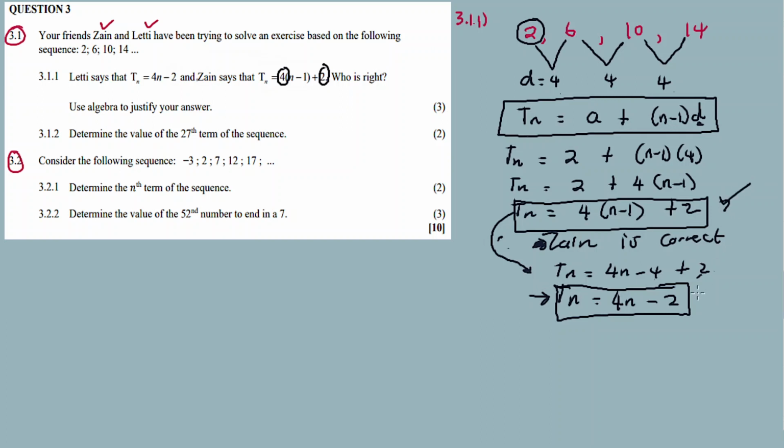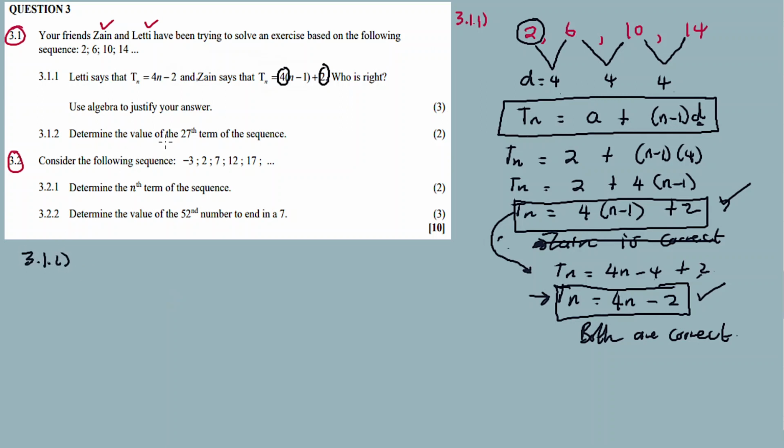This is correct, this is also correct. So therefore it's not only Zane, but both are correct. No one is wrong.